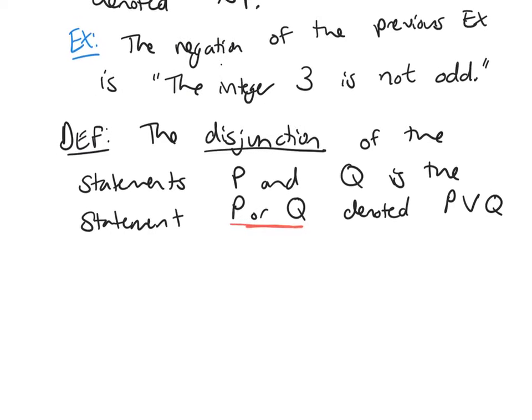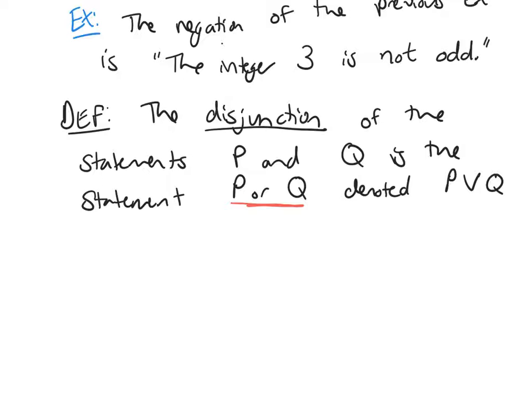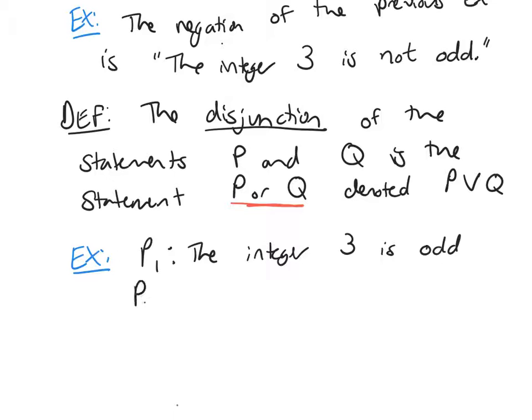And then, an example here, let's say I'm looking at two statements. P1 is going to be the statement, the integer 3 is odd. P2 will be the statement, the integer 57 is prime.